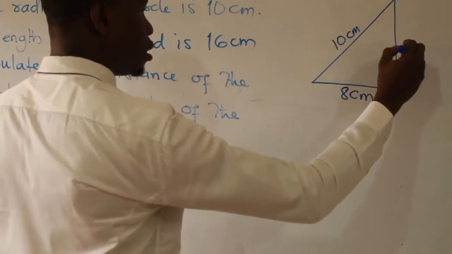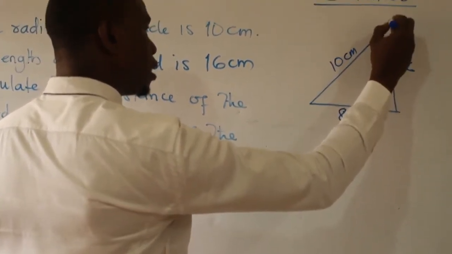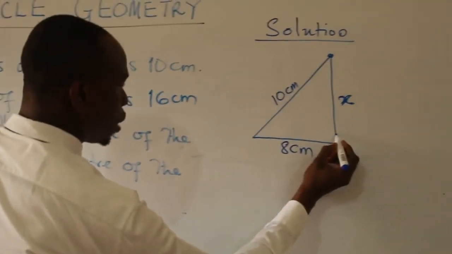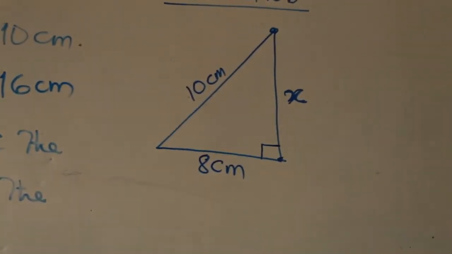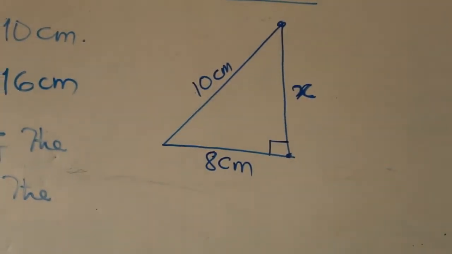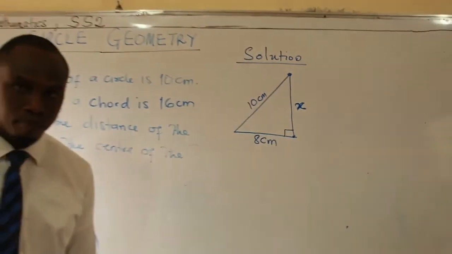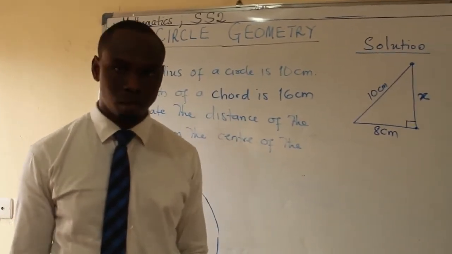We are interested in finding the distance from the center to the chord. Of course, we know that it formed a right angle triangle. When I have a question coming from a right angled triangle, one theorem comes to my mind, and that is the Pythagoras theorem.